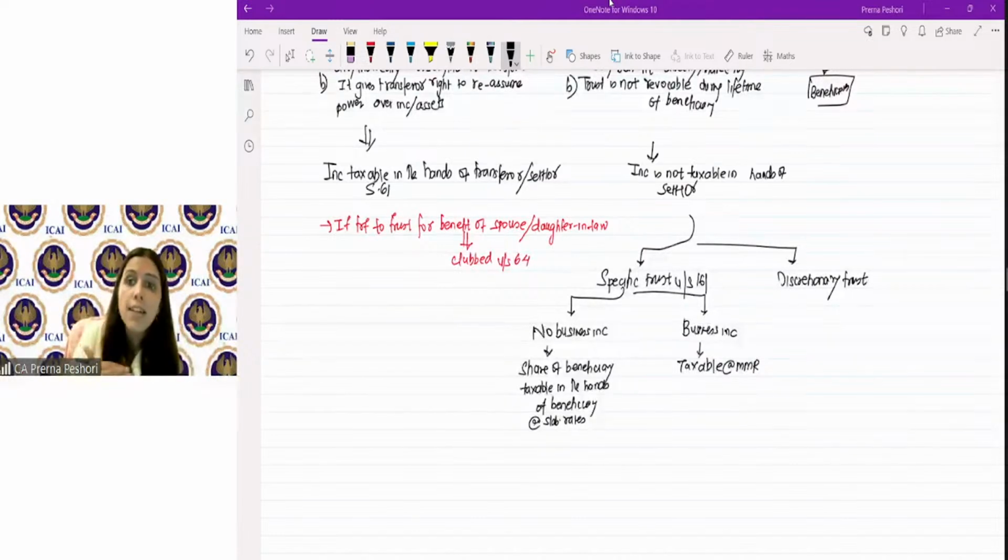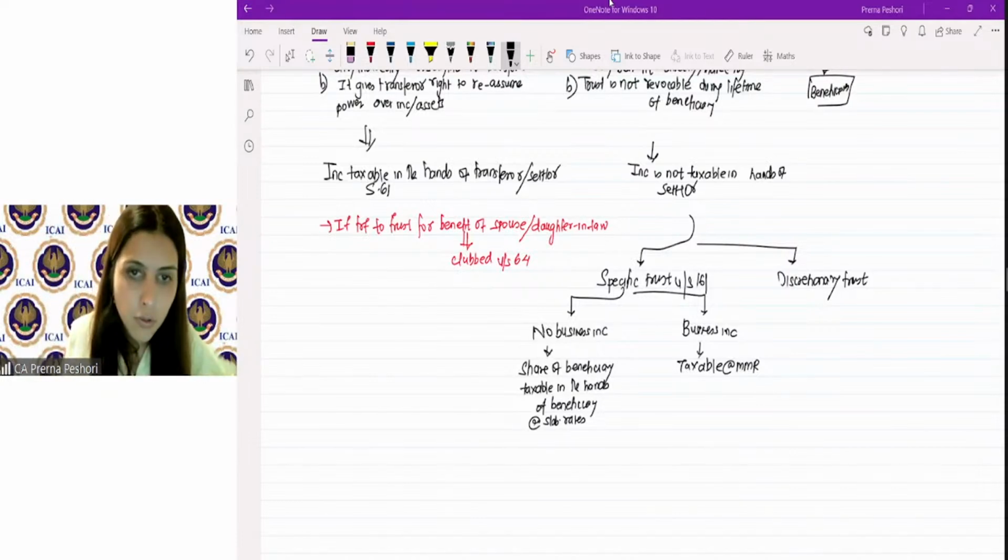So he has to pay the taxes accordingly, and the tax will be levied upon and recovered from him in the like manner and to the same extent as it would have been recovered from the trust itself. Are we clear? So if the PGBP is there, then the tax shall be charged on the income at the maximum marginal rate. Just write down, this is maximum marginal rate.